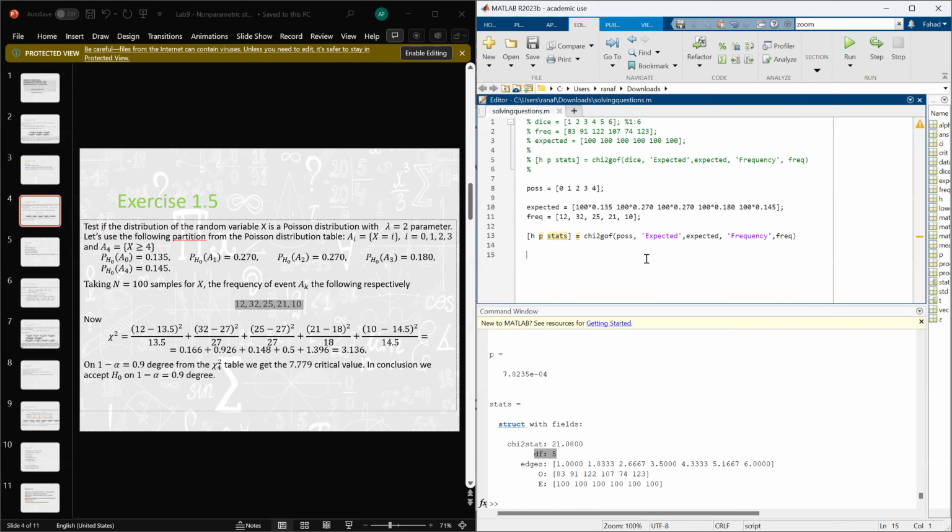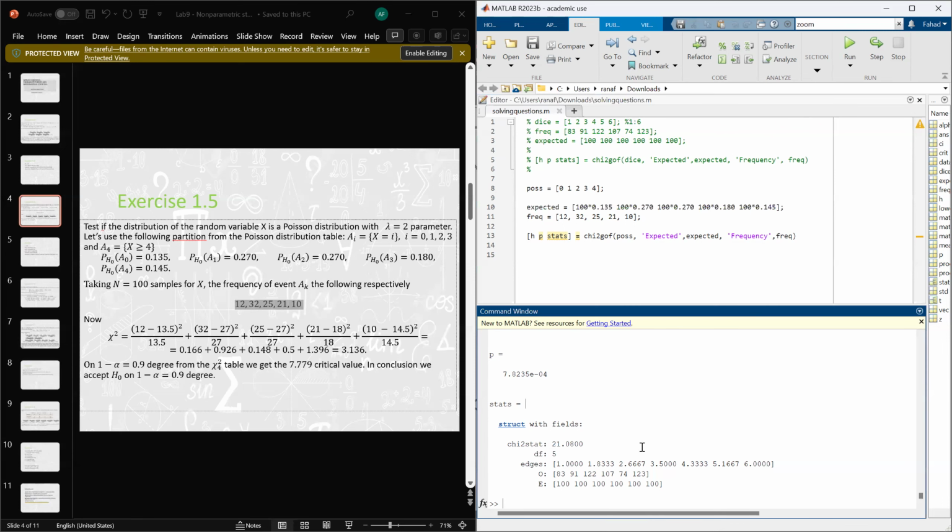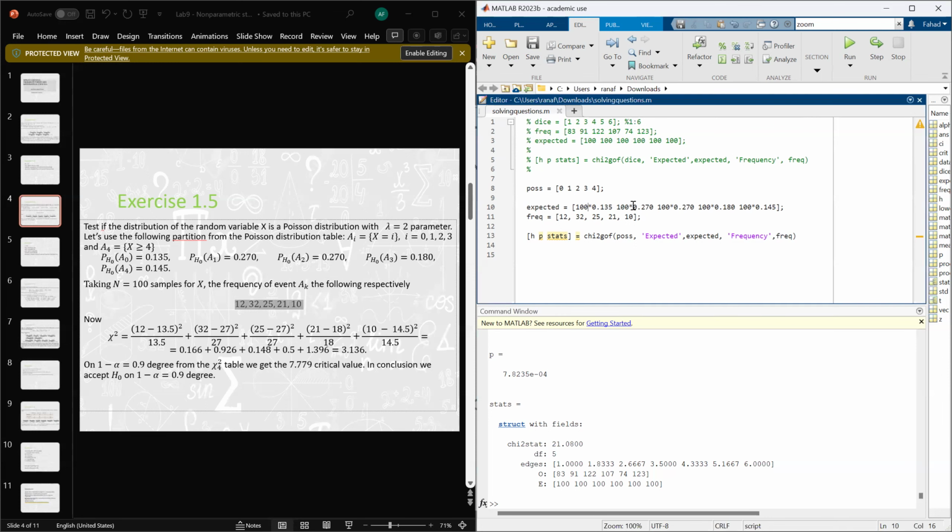But yeah, how to find the critical value. So you notice how in the results of the G2Gov test, we have the degrees of freedom, or you can even see here 1, 2, 3, 4, 5.